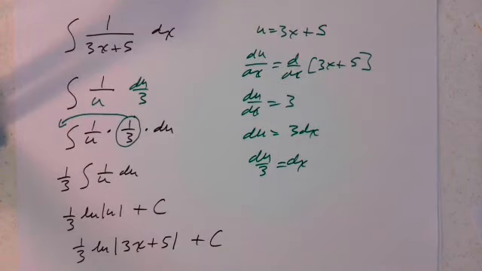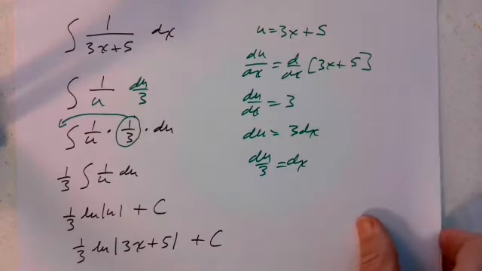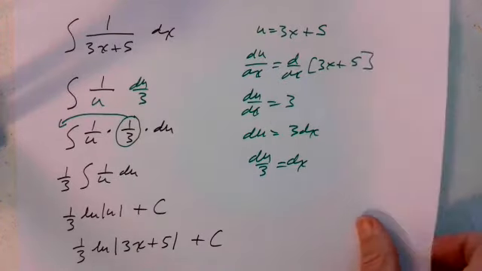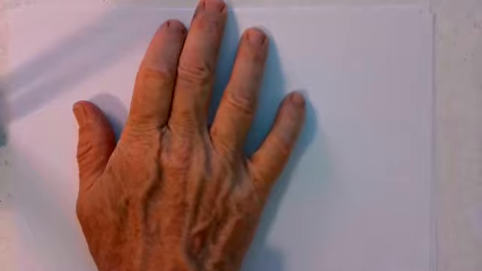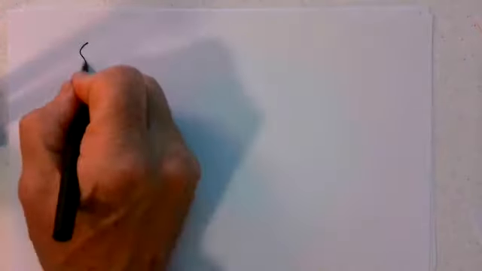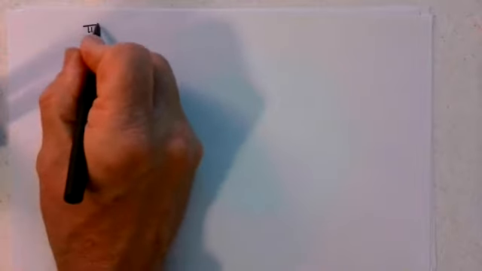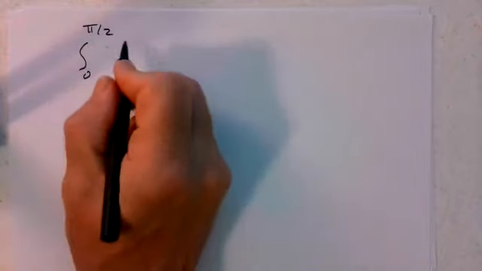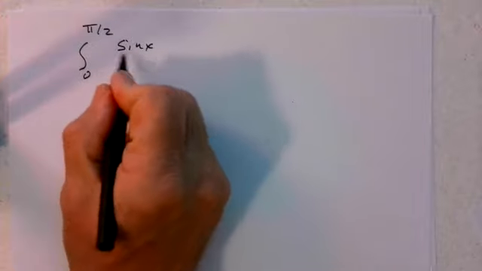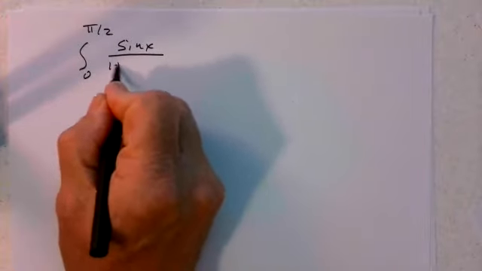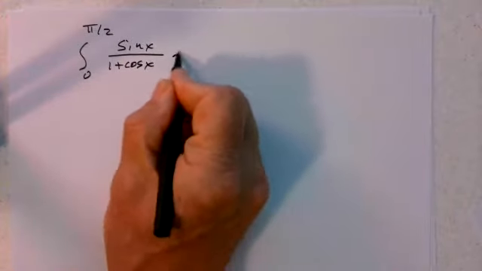Now, there are other kinds of problems that we can do. We can also, of course, work with problems that have definite integral endpoints. For example, if I'm looking at the integral from 0 to pi over 2 of sine x over 1 plus cos x dx, we're going to let u equal 1 plus cos x.